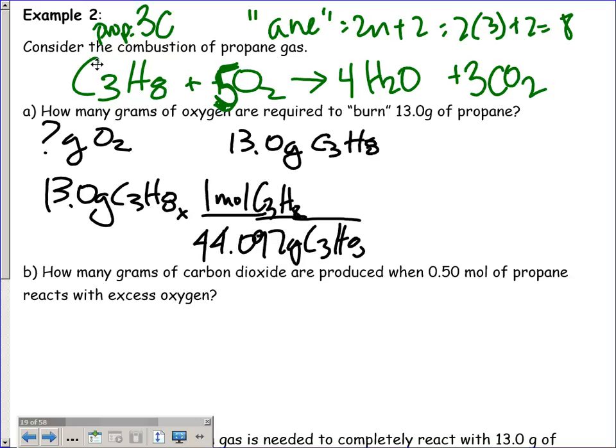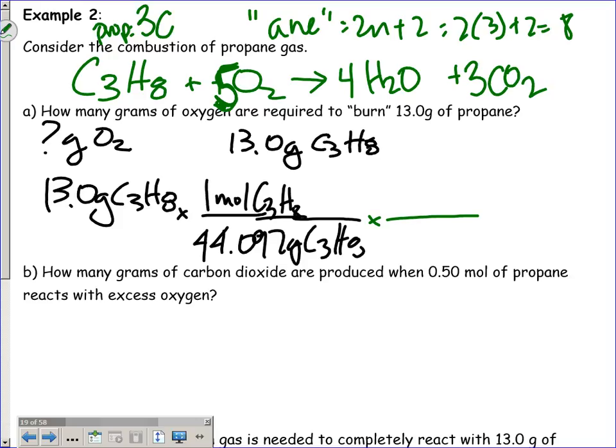Nobody cares about propane. What are we looking for? We're looking for oxygen. The relationship between propane and oxygen is what? Where is it on my board? The coefficients from the balanced chemical equation.